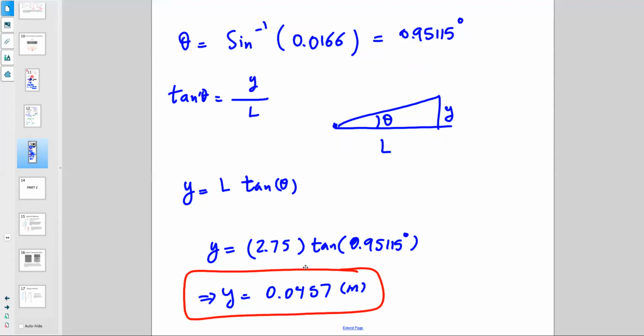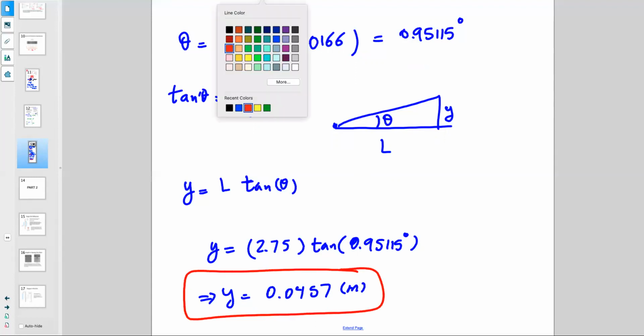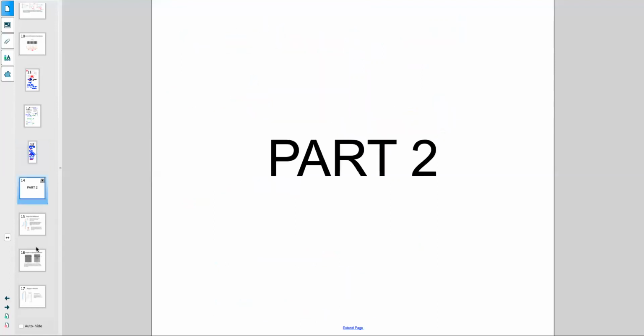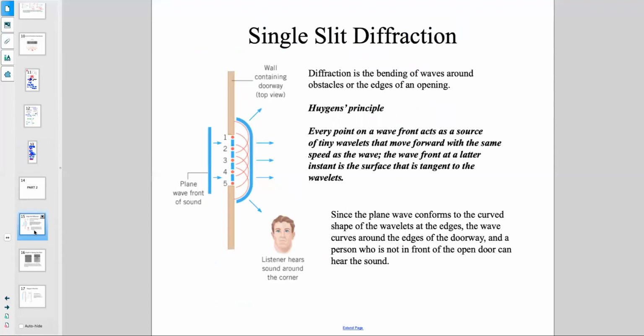So now let's go to part 2 of the video and continue our work on chapter 28. So, single slit diffraction. If you have a single slit diffraction, you are still going to see patterns, and the law that governs that is called Huygens principle.